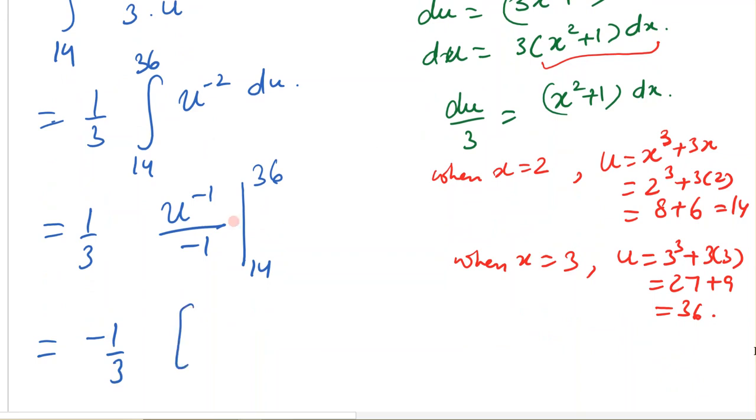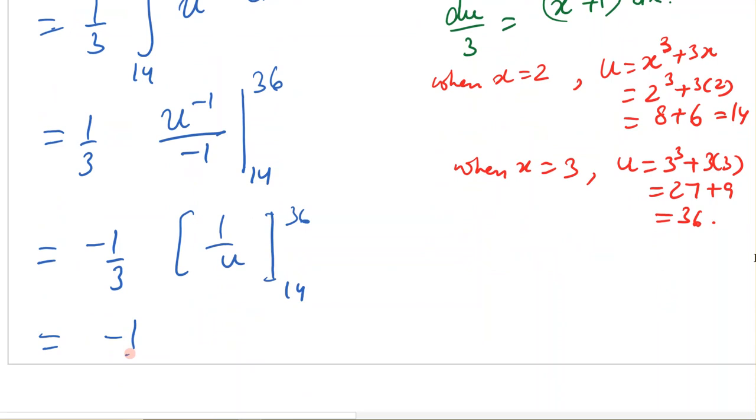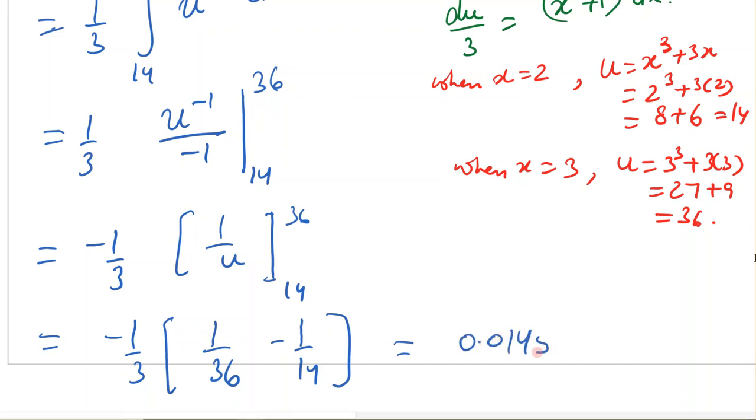When you apply the limits of integration, you have 1 over u from 14 to 36, which in turn you can say is 1 over 3 times 1 over 36 minus 1 over 14. And when we evaluate this, we get approximately 0.01455 as our answer.